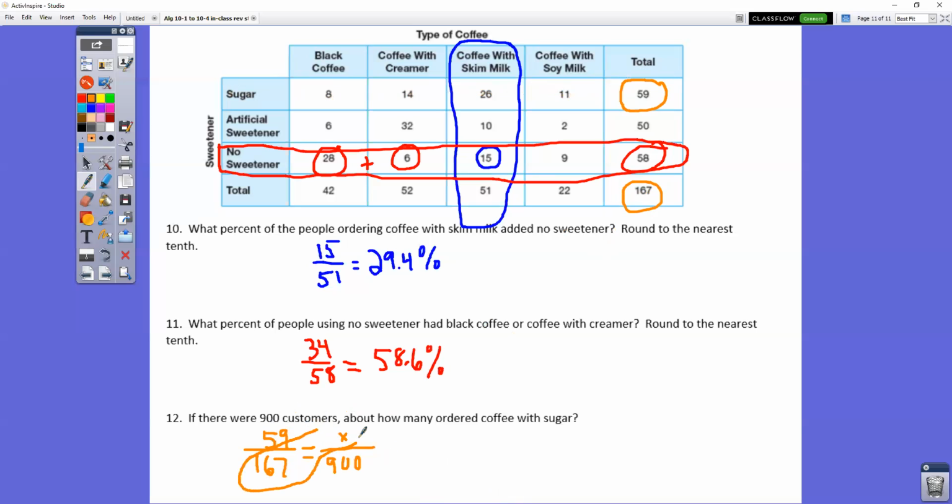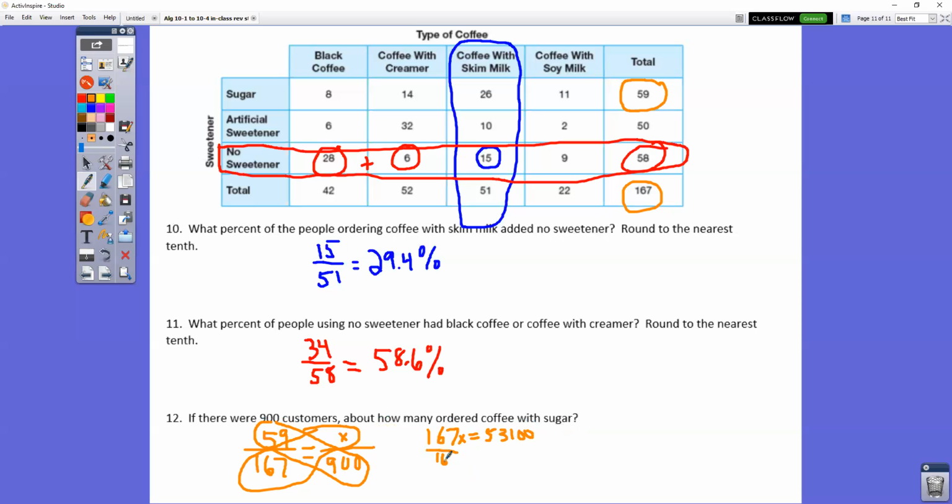Remember that you want to cross multiply. So 167 times X is 167X. Cross multiply 59 times 900. 59 times 900 gives you 53,100. And then divide.